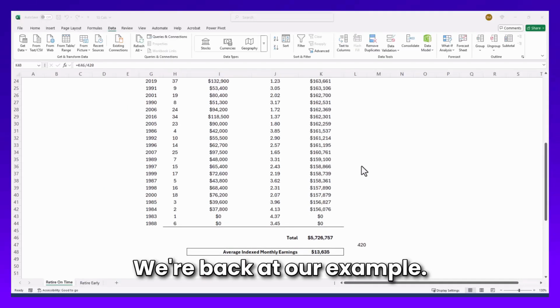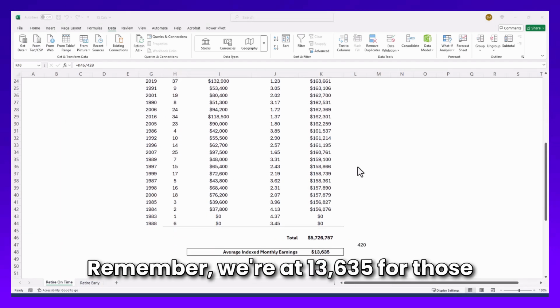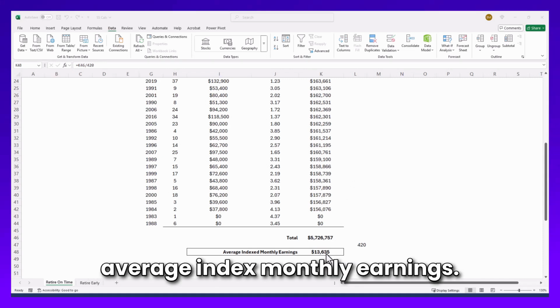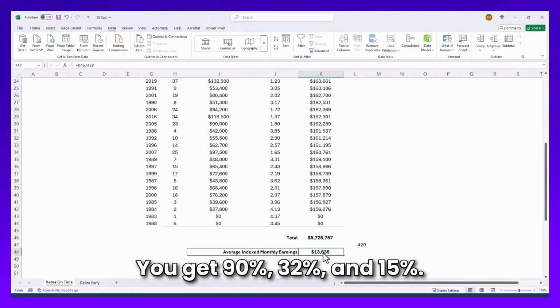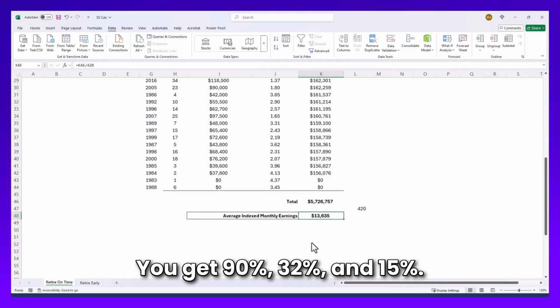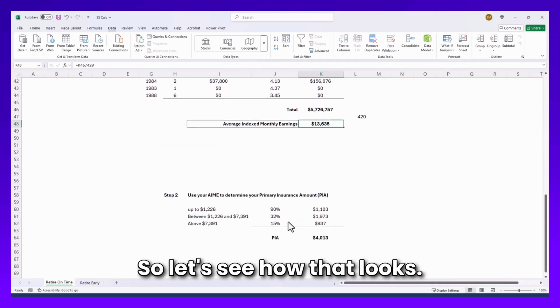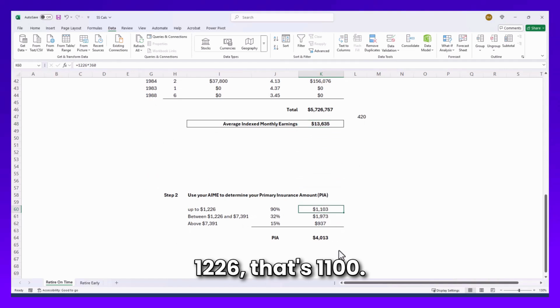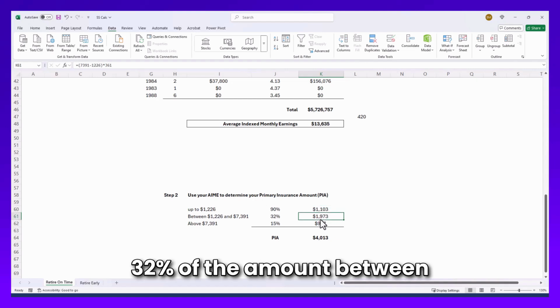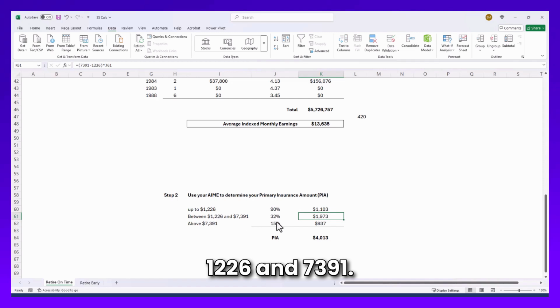Here we are, back at our example. Remember, we're at 13,635 for those average index monthly earnings. But you don't get all of that for Social Security. You get 90%, 32%, and 15%. So let's see how that looks. 90% of the first 1,226 is $1,103 to be exact. 32% of the amount between 1,226 and 7,391 is 1,973.